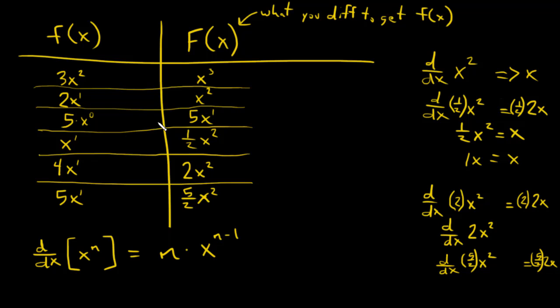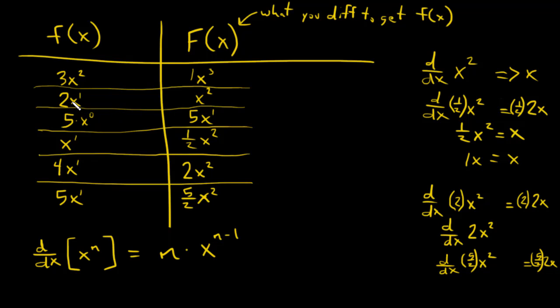They go up by 1. Okay? So, how do I go from 3x squared to x cubed? Well, I'm adding 1 to the exponent, but what happens to the 3? I need to get rid of it. Okay? I think we'll leave it like that for just a second. So I go from a 3 to basically a 1 right here. 3 to a 1.